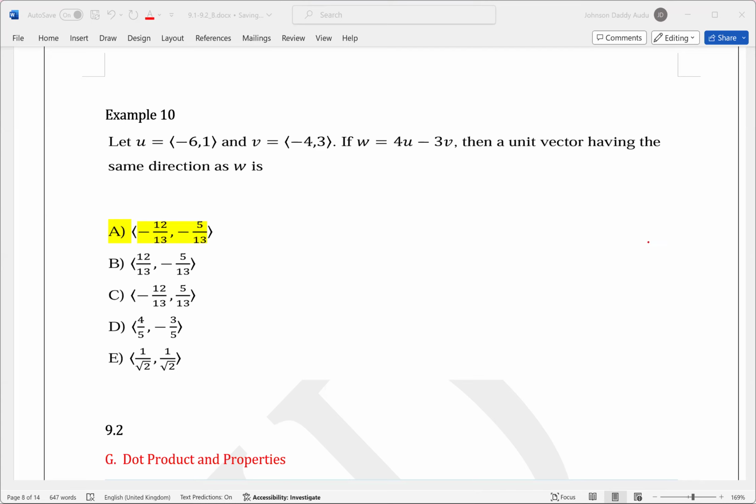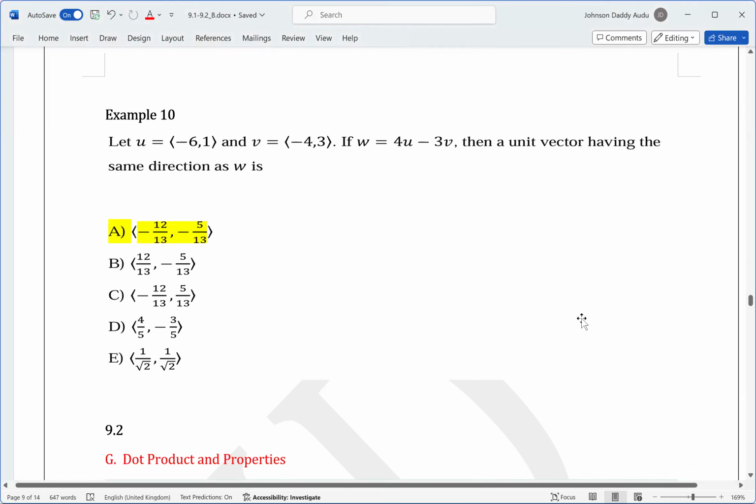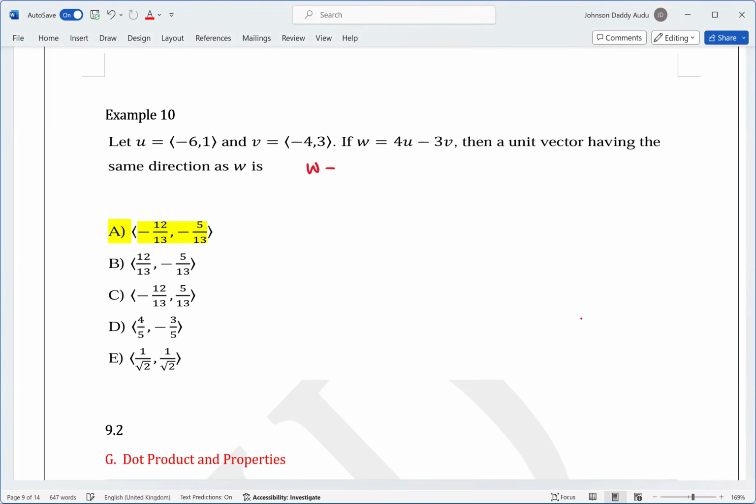It said U is minus 6, 1, V is minus 4, 3, and W is 4U minus 3V. Then we have to find what? We just have to find a unit vector having the same direction as W, right? So all you need to do is, first of all, we need to find W.